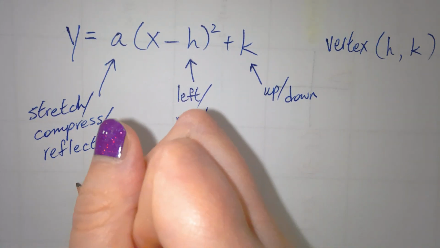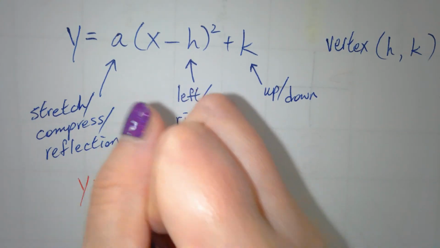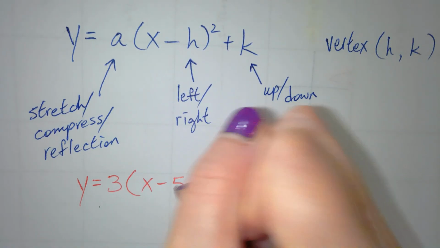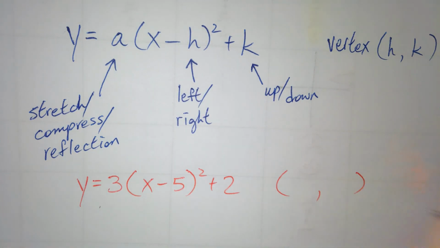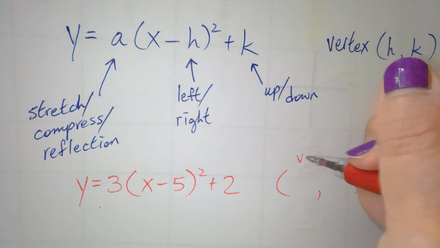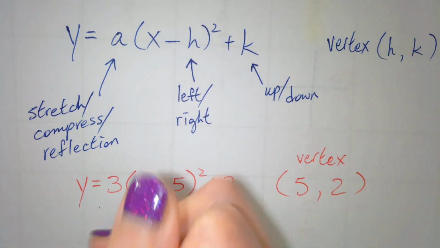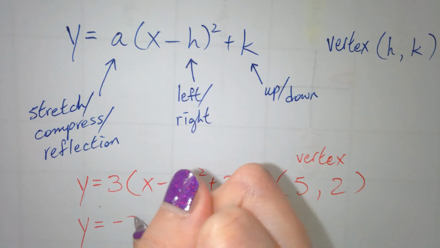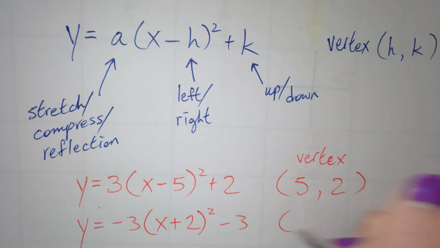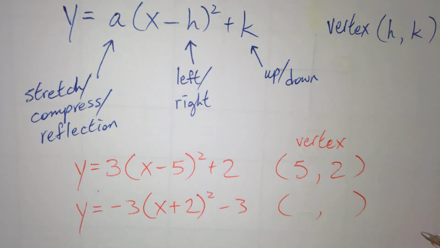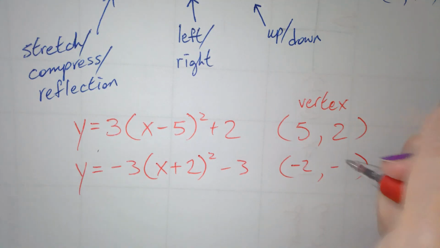So y equals 3(x minus 5) squared plus 2. What would my vertex be here? (5, 2). What about y equals negative 3(x plus 2) squared minus 3? William: negative 2, negative 3.